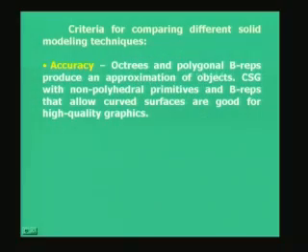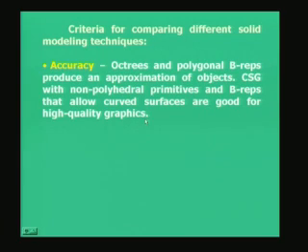So octrees and polygonal boundary representations, since they work with polygonal spaces or planes, are approximations of objects. CSG, that is constructive solid geometry with non-polyhedral primitives, if you can afford that, along with boundary representations which also allow curved surfaces, are good for high quality graphics.